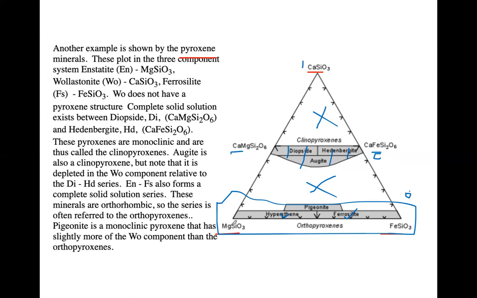And for orthopyroxenes, you have magnesium-iron exchange. Right? So pigeonite is one exception. It's neither OPX nor CPX, right? But at very high temperature, it can absorb some calcium.